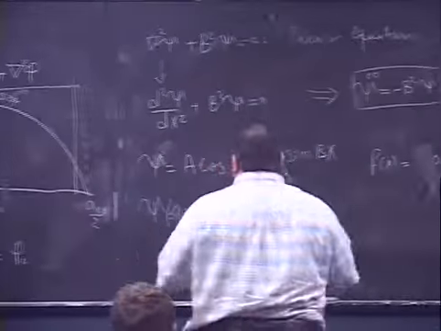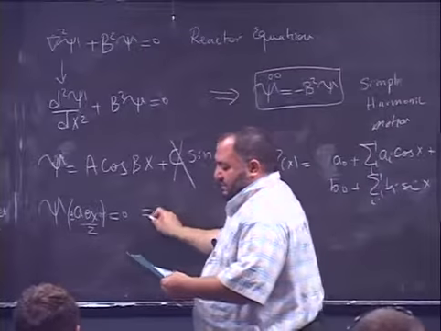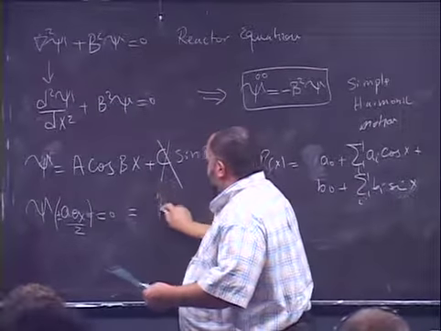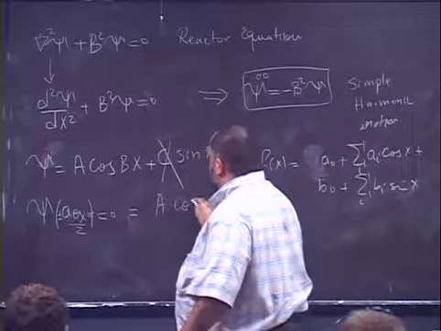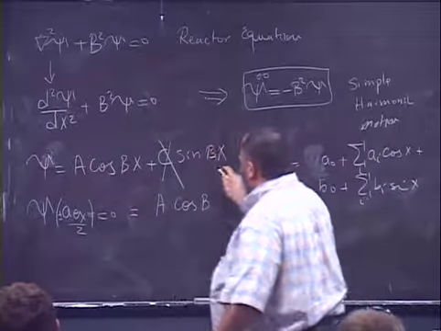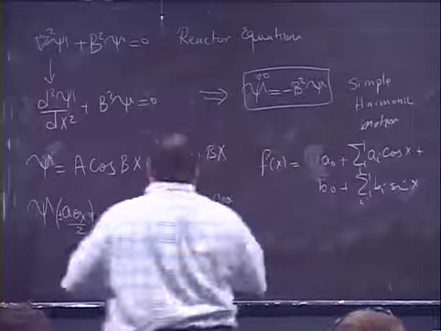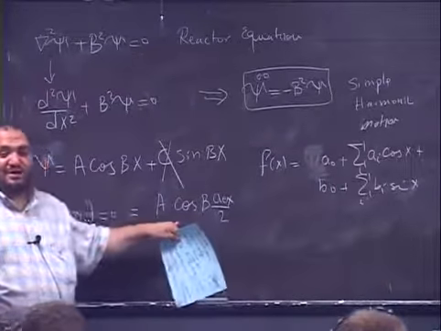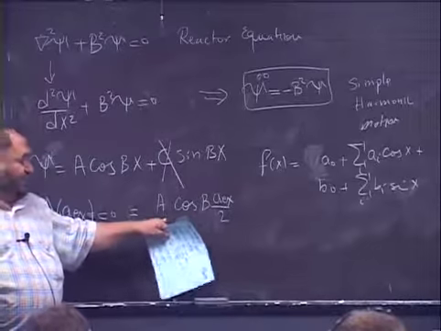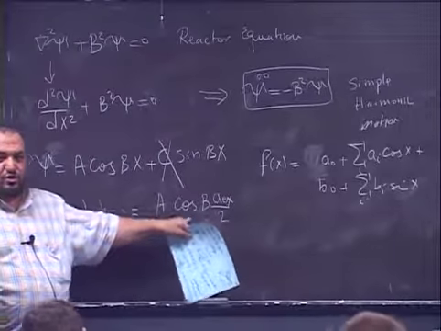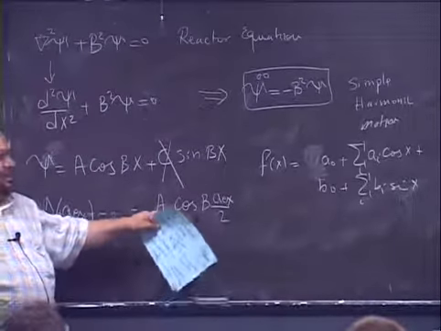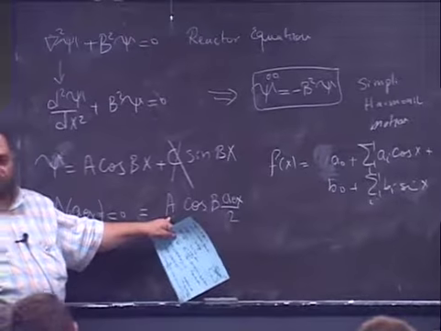So when I apply this, it will give me A multiplied by cosine B, and X is A extrapolated over 2. So two things multiplied by each other equal to 0. Either A is equal to 0 or the cosine is equal to 0. But I cannot have A equal to 0.